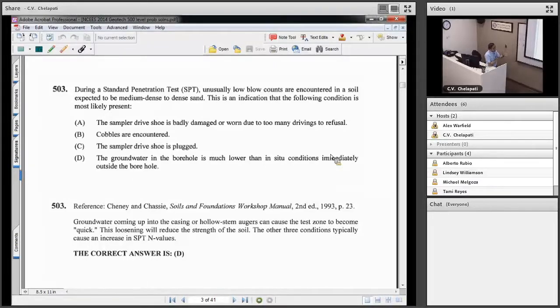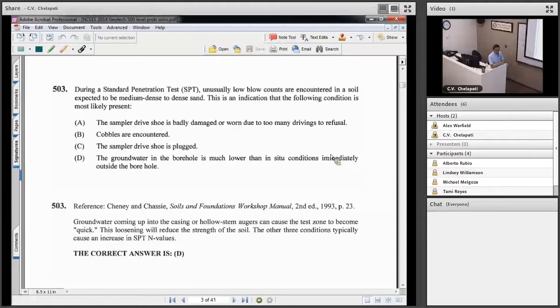Let's say, you kind of look at some of these answers, it doesn't really, the only real logical one is number D. It says groundwater.